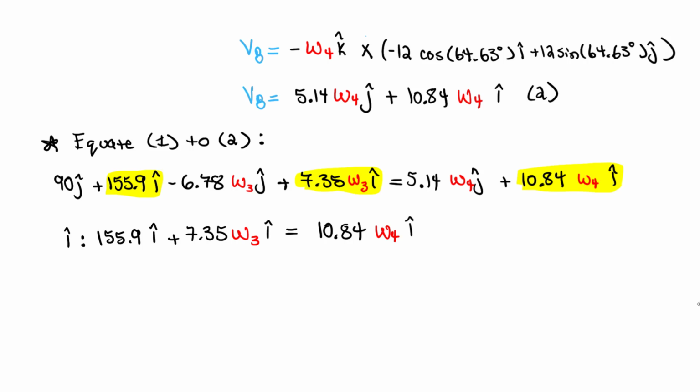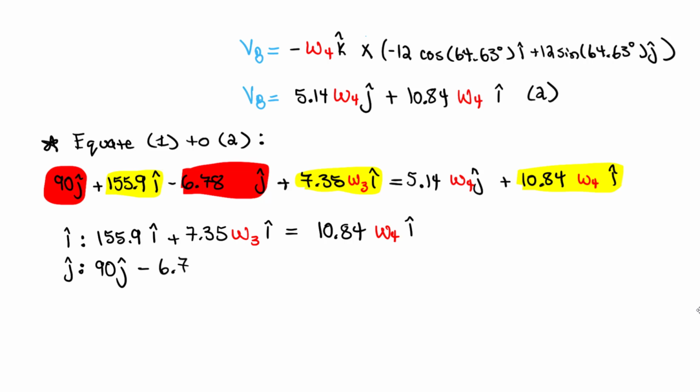Now let's do the same and take out all the J components. For the J components, which ones do we have? It's this component. This component is J, right? And this component, basically what's left over. So we take 90 in the J minus 6.78 omega 3 in the J. We take that out and this one, all the J's.